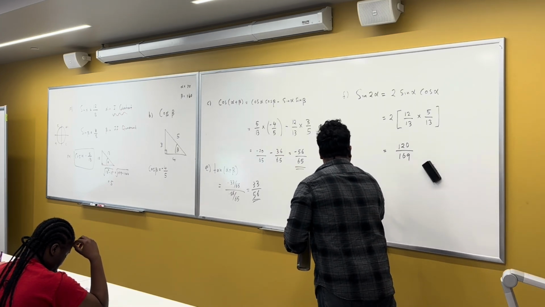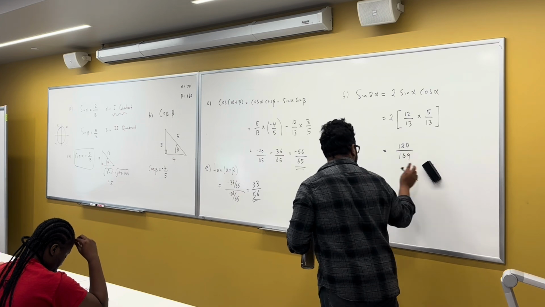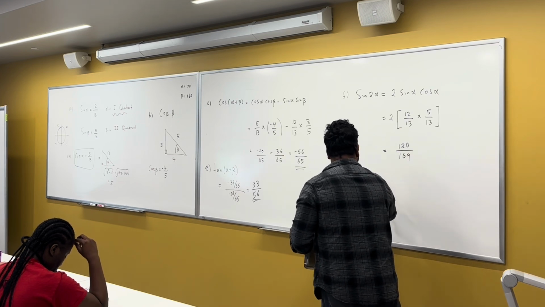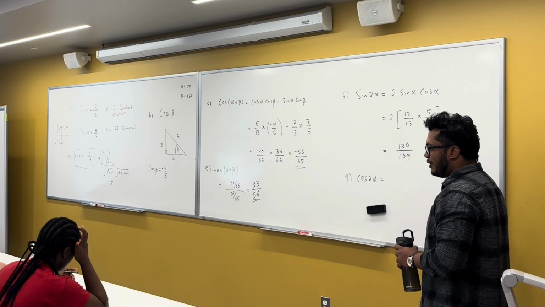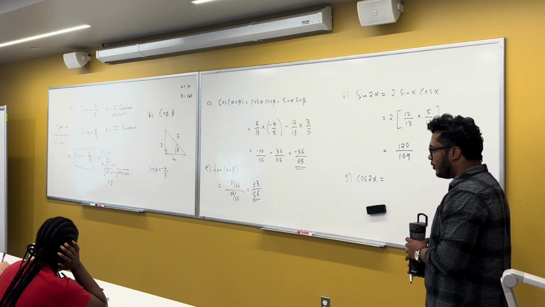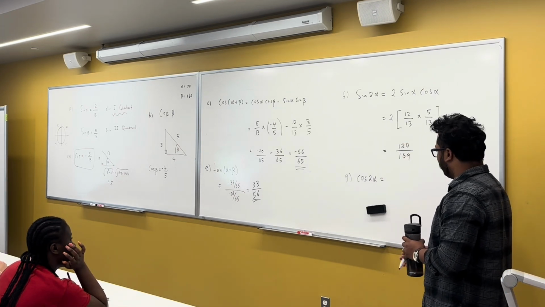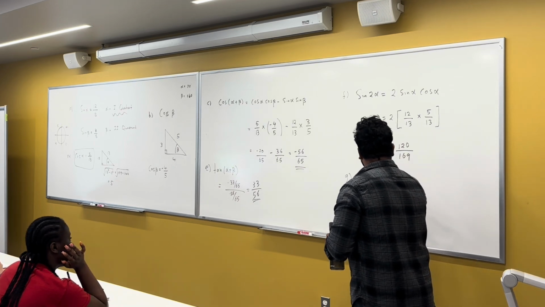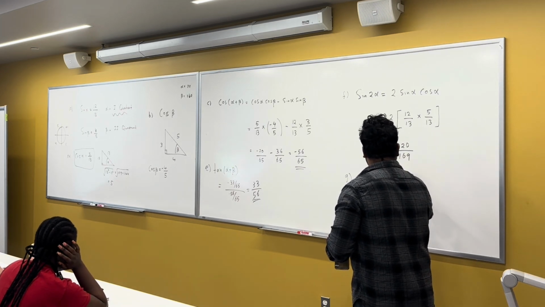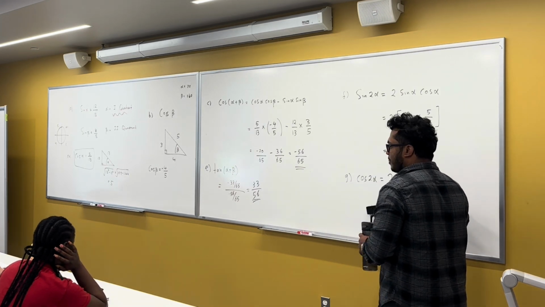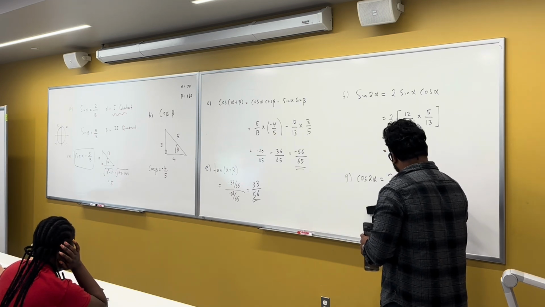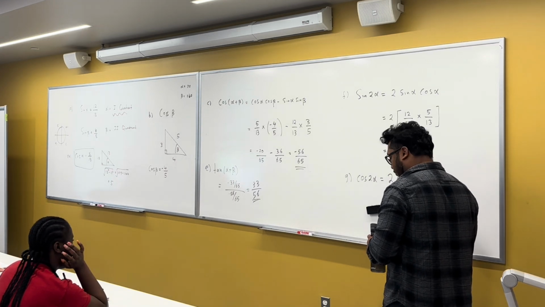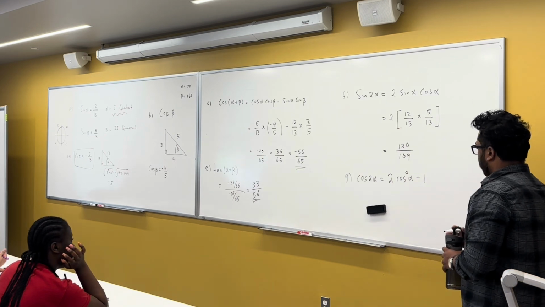He asked for cosine 2 alpha. Can anybody remember the cosine 2 alpha formula? It's equal to 2 cosine squared alpha minus 1. Minus 1. Okay? Yeah, that's okay.